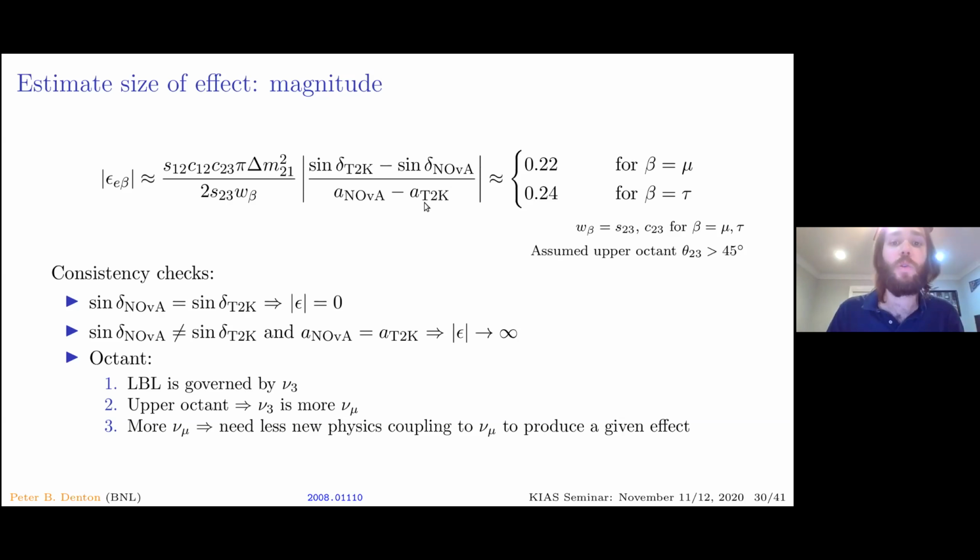If the matter potentials were the same, then you would need an infinitely large new physics effect, because this new physics effect is leveraging the fact that the matter potentials are different. So if they're the same, then it doesn't work. And then you can also check that the theta 2-3 dependence is right, and that's why epsilon e mu is a smaller new physics effect than epsilon e tau.